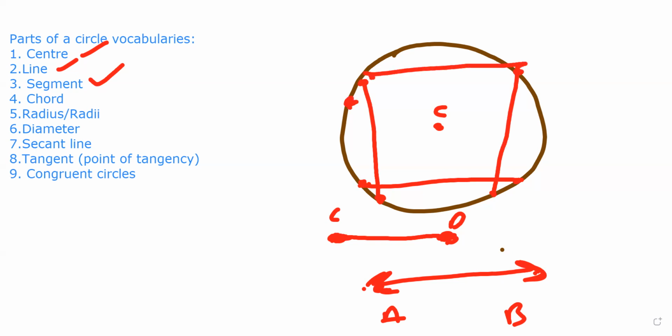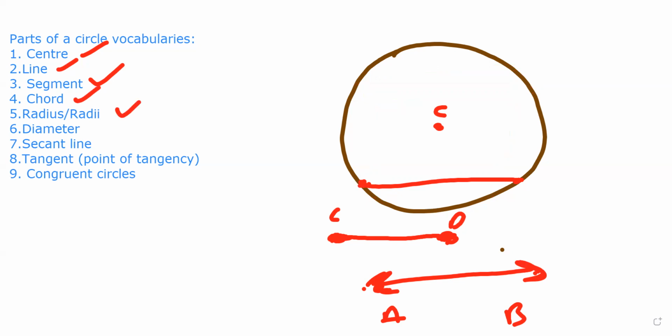The two endpoints lie on the circle. If you look at it carefully, they lie on the circle, and so that's what we call a chord. Very important. If the ends are not lying on the circle, then it's not a chord. Something is wrong.